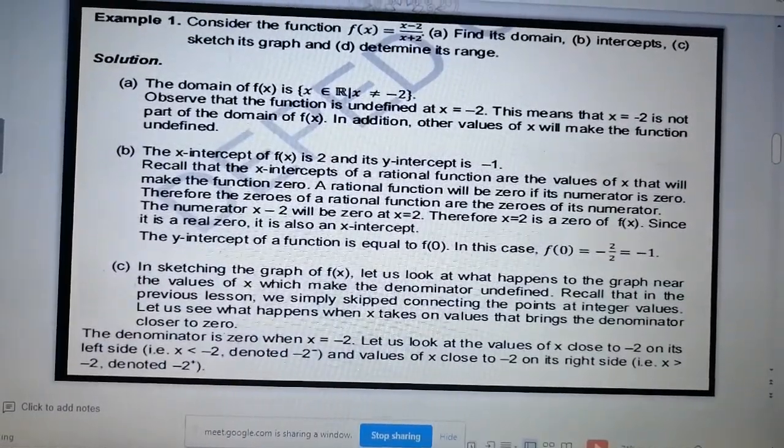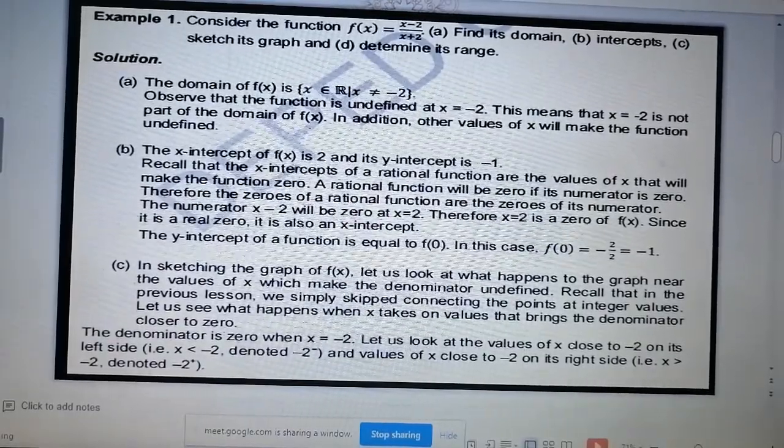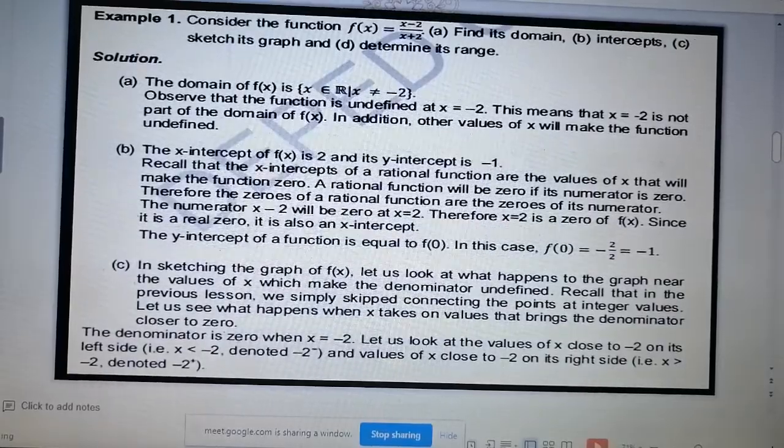Consider the function. Tingnan nyo anak, yung function x is equal to x minus 2 divided by x plus 2.